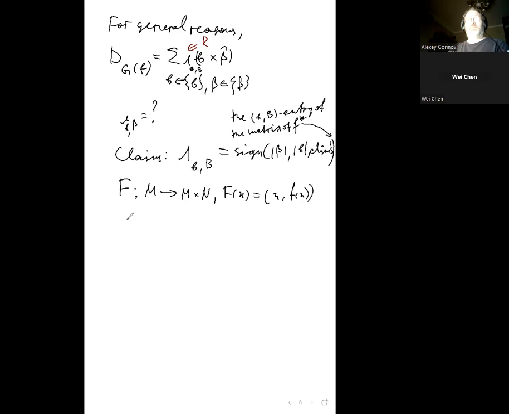So let's again take two elements, b and beta, from the respective bases, and we do something similar to what we've just done half an hour ago.